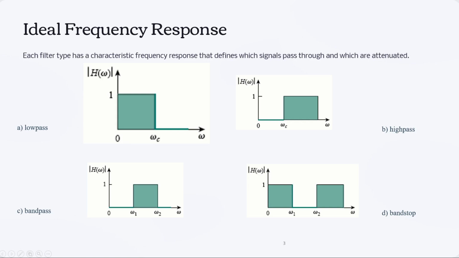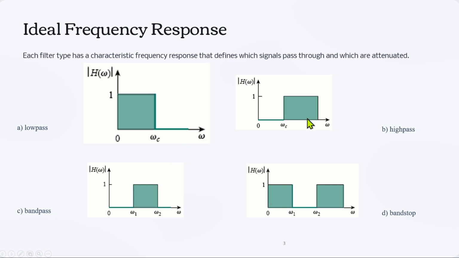In the low pass filter, it will allow the low frequencies. In ideal form, if we consider omega c to be the cutoff frequency, then it will allow up to omega c, and after omega c it will not allow any frequencies, as shown in this waveform. This is the ideal response of a low pass filter.